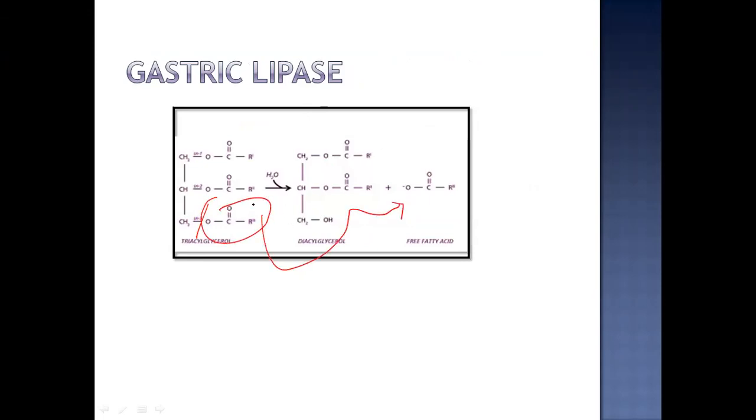Okay. So if this fatty acid is released, then the remaining product will be 1,2-diacylglycerol, because we have acyl chains at the first and second carbon. So this particular product is known as 1,2-DAG, diacylglycerol. Simply you can remember diacylglycerol as a product of gastric lipase, and free fatty acid is another product.